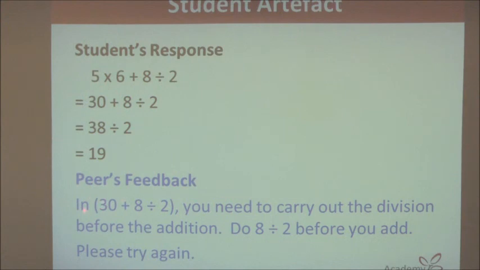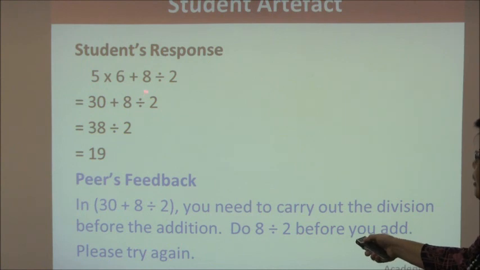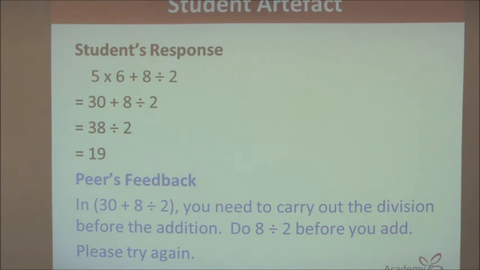So the peer picked this up, that she needs to carry out the division before the addition. There's a hint to correct that: if she had done 8 divided by 2 and then added to 30, she would have got the question correct. So this is how the peer communicates what needs to be done to help the student understand.